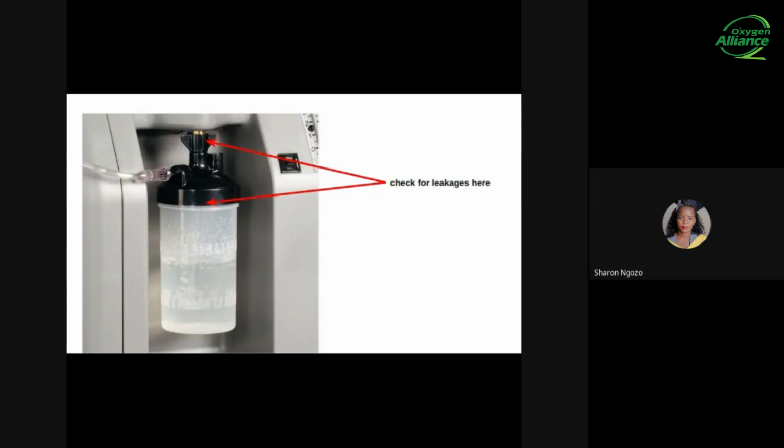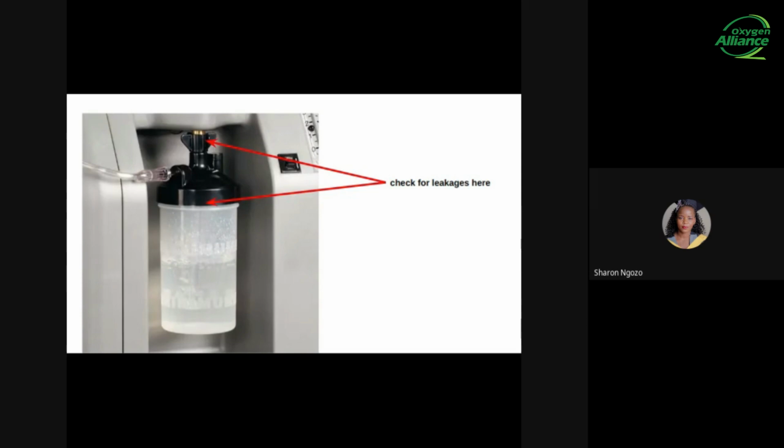For all these processes to happen perfectly, there's supposed to be room around the concentrator for air circulation. If you don't have that space, then your concentrator heats up, and this affects the purity of the oxygen and puts the concentrator in overload.